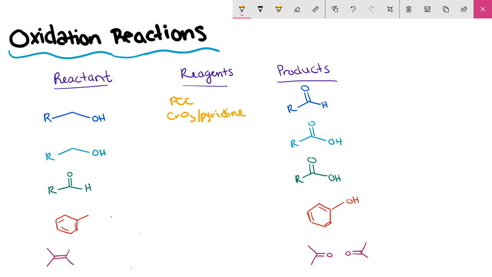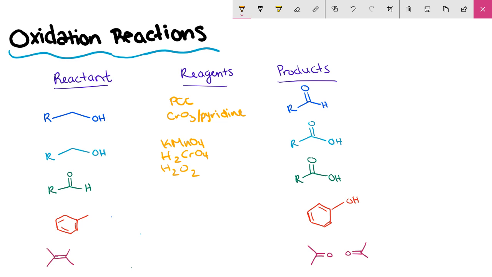Now, if we wanted to go from the primary alcohol to the carboxylic acid, which is what we've shown in the next row, that's going to require a stronger oxidizing agent. We can use something like KMnO4, good option. H2CrO4, also a good option. And peroxide, also a great option.